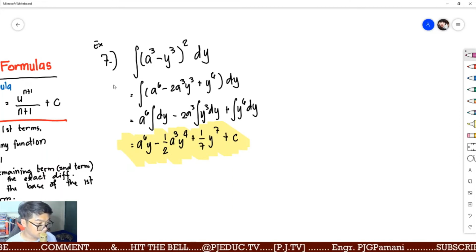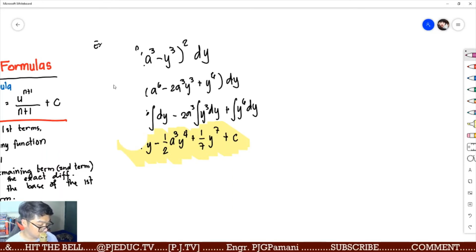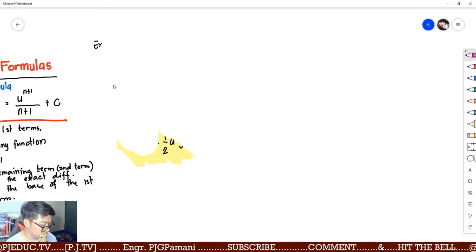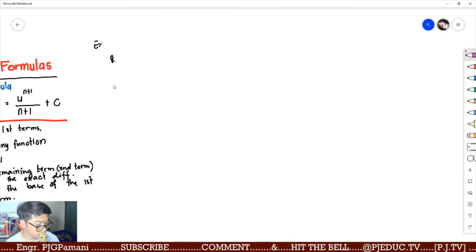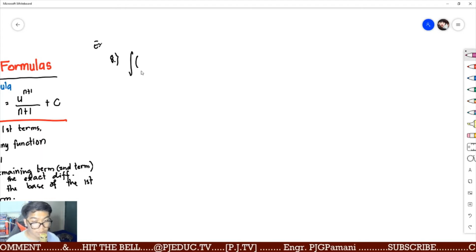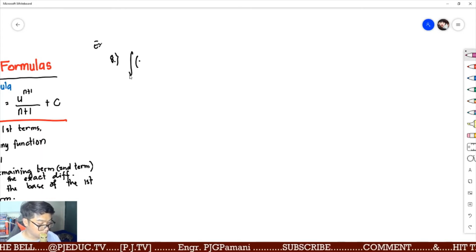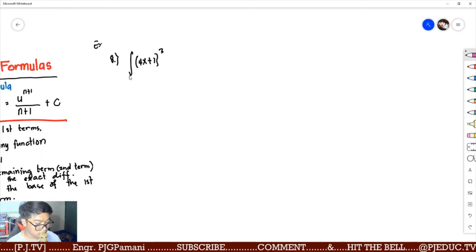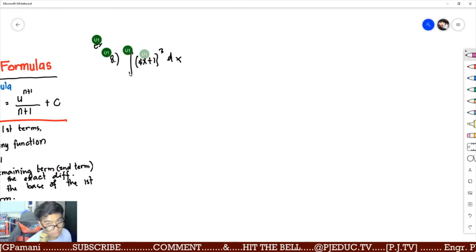Next one. Example number 8. What if you are given an integrand that has an exponent greater than 2? 4x plus 1 raised to 3 dx.